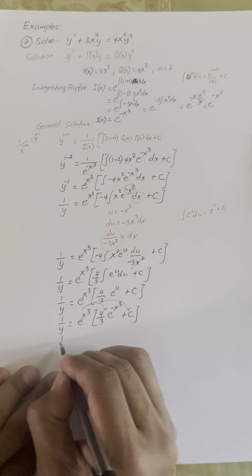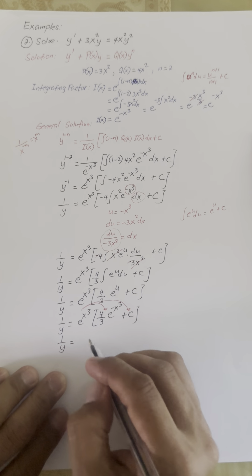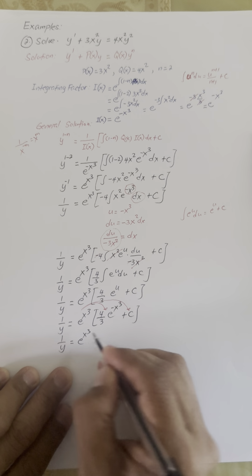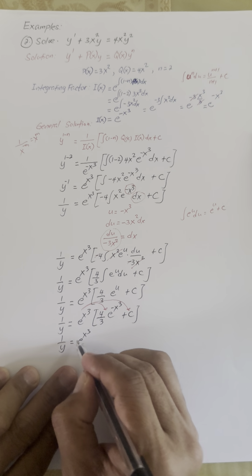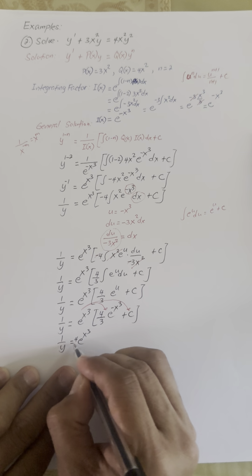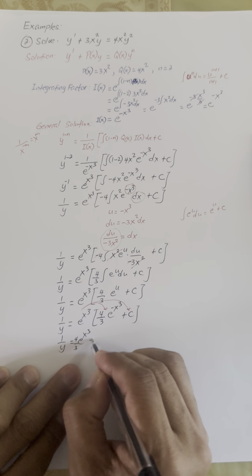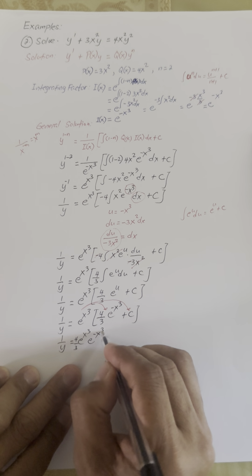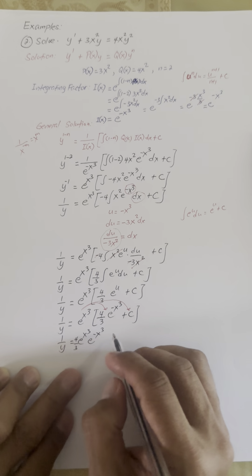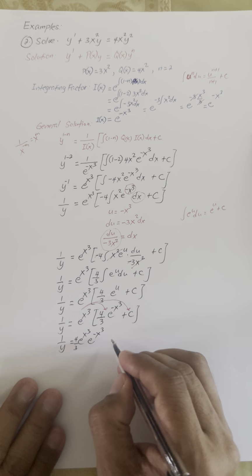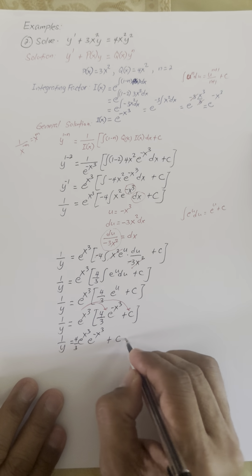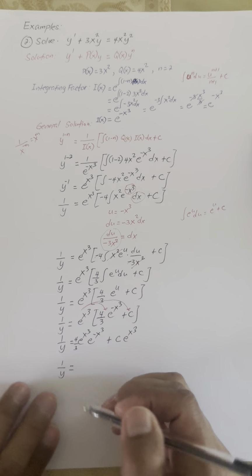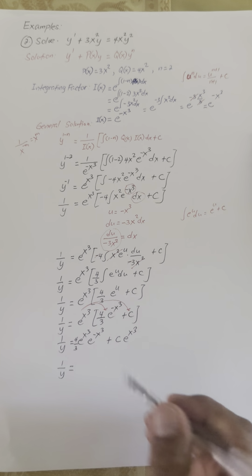So we have 1 over y equal to e to the x cubed multiplied by the constant 4 over 3, then e to the minus x cubed, then plus c times e to the x cubed. Then again, we can apply the laws of exponents to combine these two.